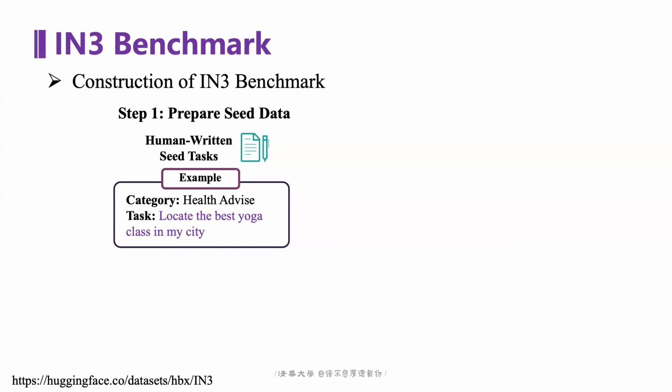The second trait is that these tasks all contain some vague part. Like locate the best yoga class. The user may have different preferences on what is the best. And also in my city, this is a very necessary detail. If the agent does not know where my city is, the agent cannot carry out the task.